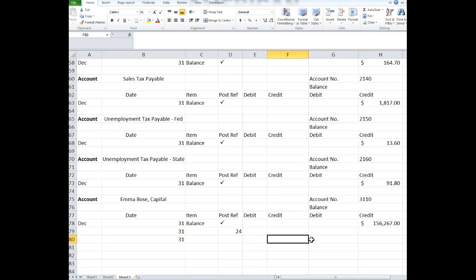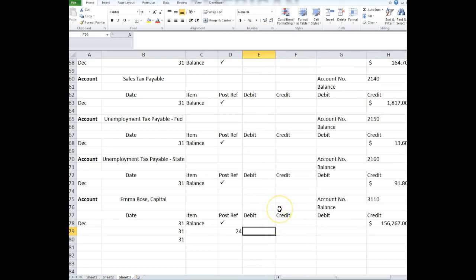Turn to page 435, and what did we do to Emma Boys Capital? Yeah, what did we debit? $18,225. That was the second one. What did we do before that? Okay, so what was that number?